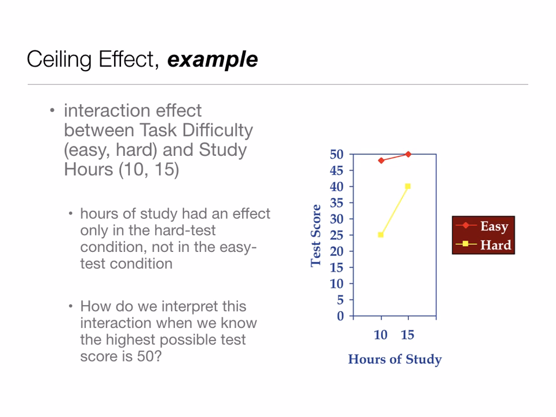But it may just actually be that we didn't have enough questions on the test. Our easy test was too easy. And so everybody, with 10 hours of study, was almost at the ceiling. We get to 15 hours of study and everybody maxed out at 50. So we can't interpret if there actually is an interaction effect here because we're at that ceiling.